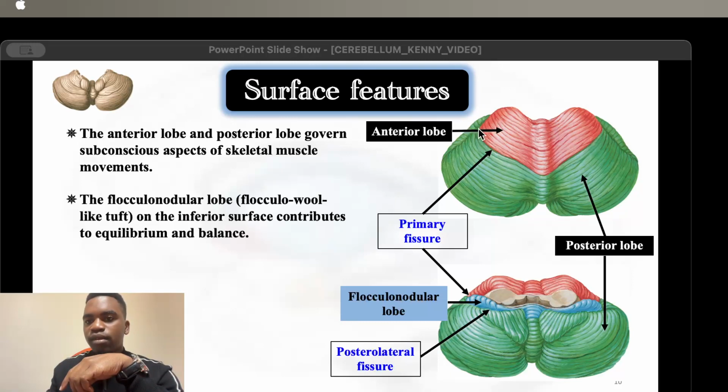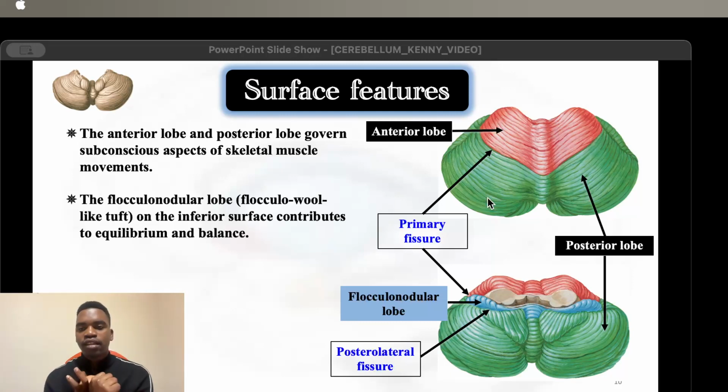You can see the primary fissure here on the left side, and this is the primary fissure on the right side. So we have seen two lobes so far, the anterior lobe and the posterior lobe, separated by the primary fissure.